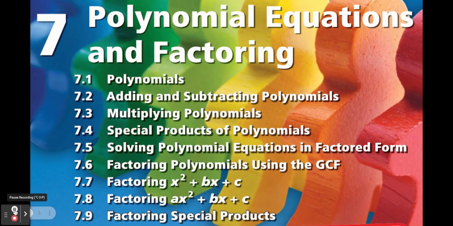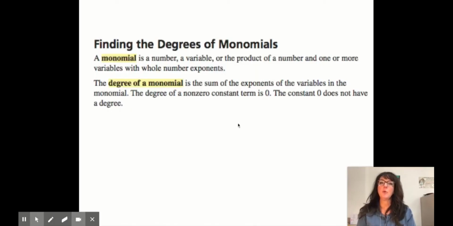All right, let's go. So what is a monomial? And then more importantly, polynomial. So to define it, it says a monomial is a number, a variable, or a product of a number and one or more variables. Basically, a monomial is our terms in an equation or expression.